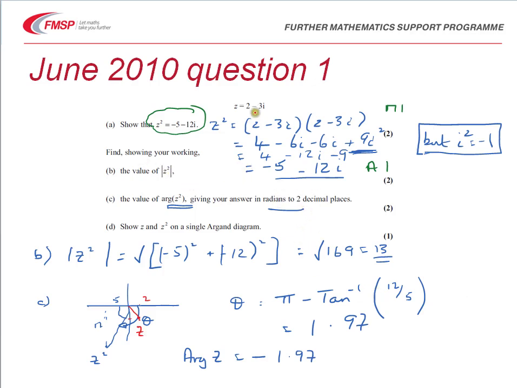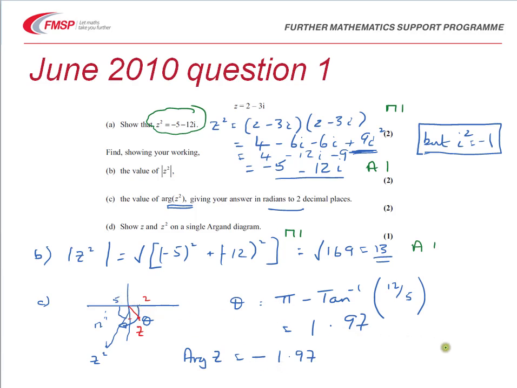Okay, the marking there is relatively straightforward. The method and accuracy marks in each of these. The method mark for the modulus and accuracy, and again the method mark for getting theta, and then accuracy, making sure that you get the negative in there.